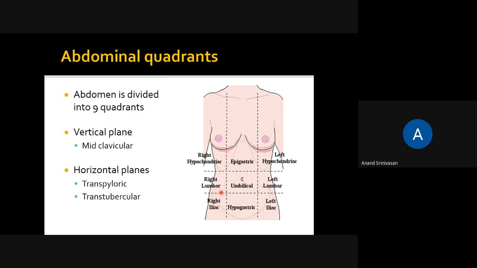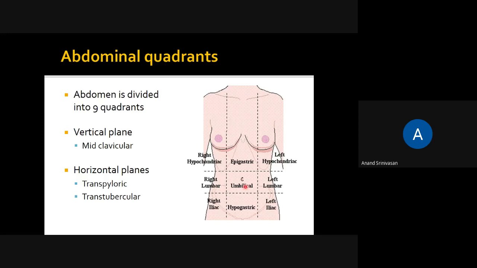Suppose someone comes with abdominal pain, you can know which organs are located in which parts, and then you can say this problem could be because of this organ, because there are many organs present inside the abdomen.